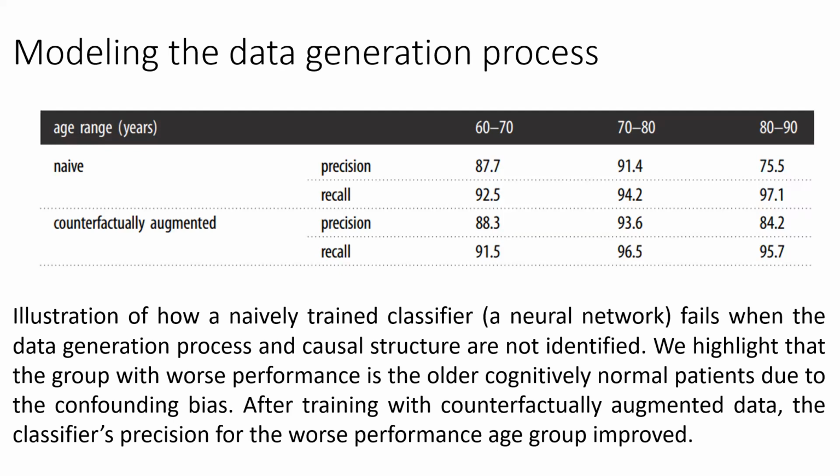This table illustrates how a trained classifier, for example the neural network, that is the CNN, fails when the data generation process and the causal structure are not identified. They highlight that the group with worse performance is the older cognitively normal patients, due to the confounding bias. But after training with the counterfactually augmented data, the classifier precision for the worst performing age group improved.